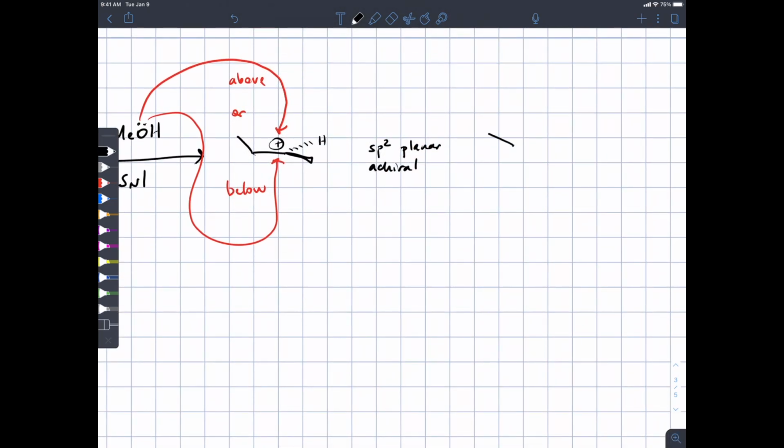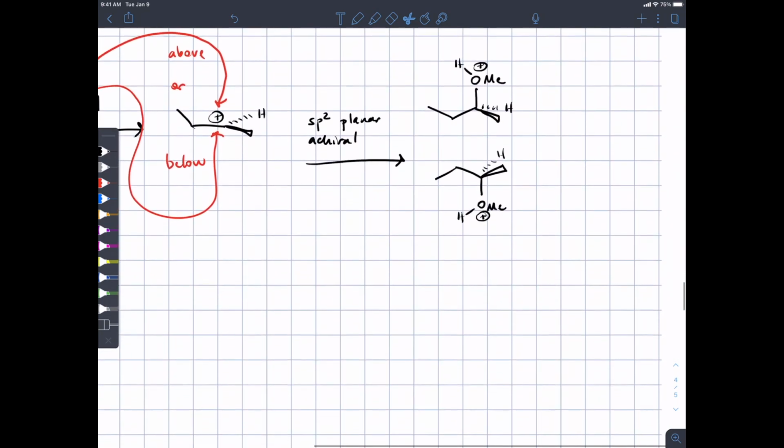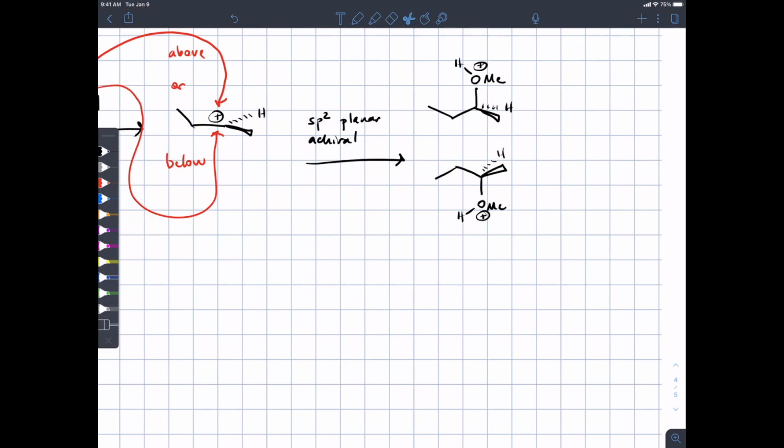We're going to get the enantiomer that comes from methanol attacking from above, and we're going to get the enantiomer from methanol attacking from below. Because I've used methanol as a nucleophile, after it attacks, I've got a positively charged oxygen in each of these enantiomers that's attached to three things.